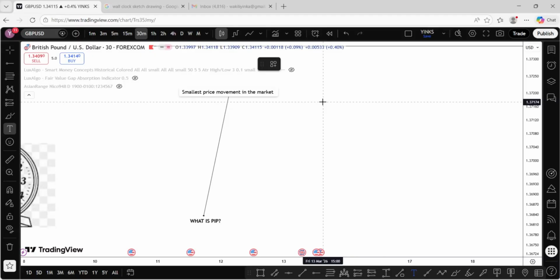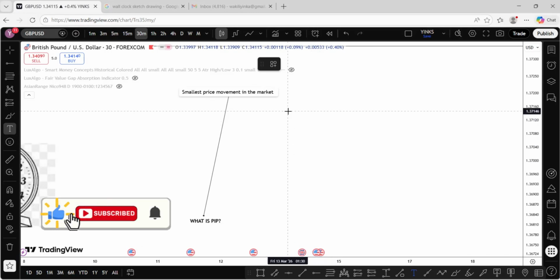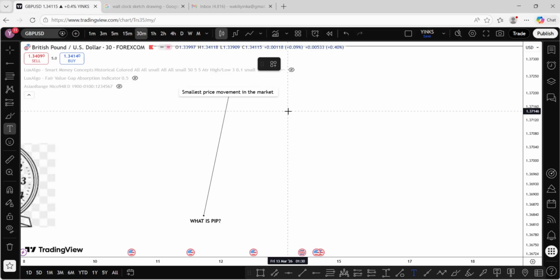And some are in what? 2 decimal places. Now, what am I trying to say? For the major currency pairs, you listening to this must have learned about major pairs, minor pairs, and the types of pairs, right? When I mean major pairs, the ones that are most tradable, right?